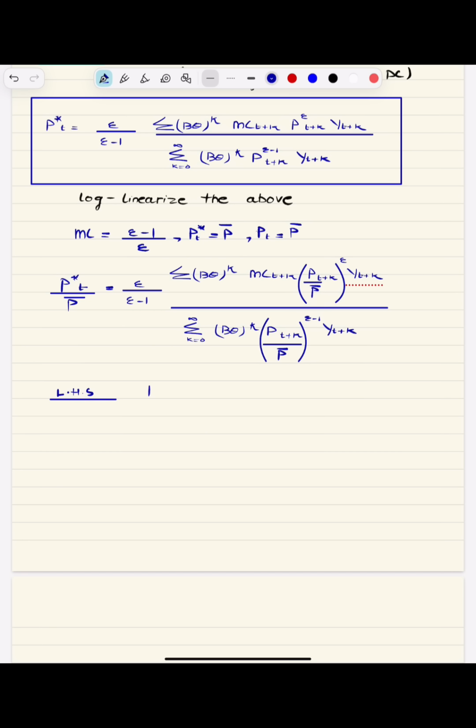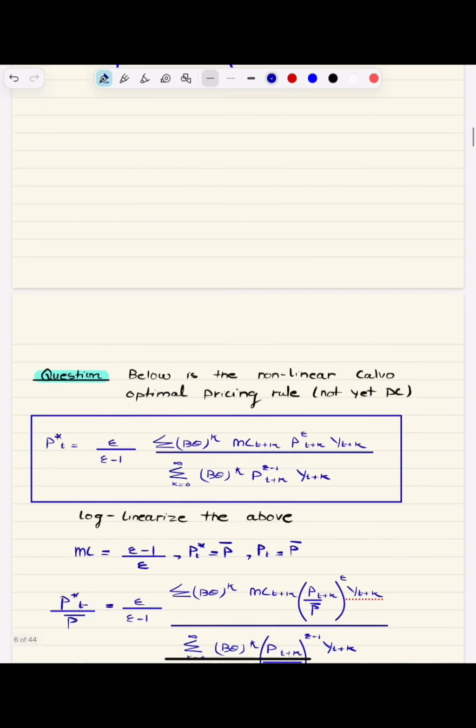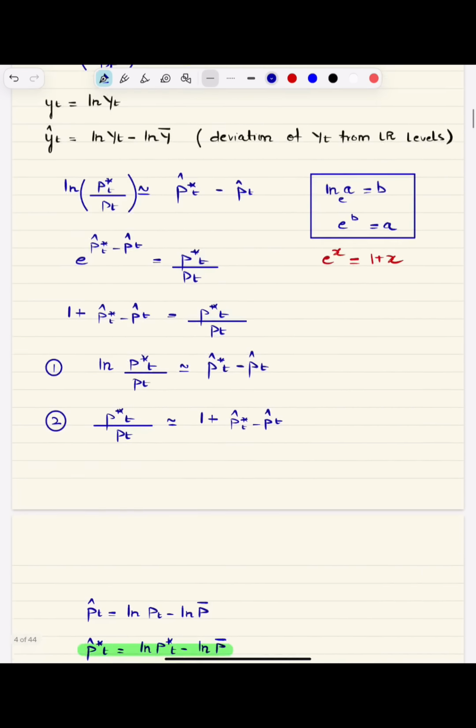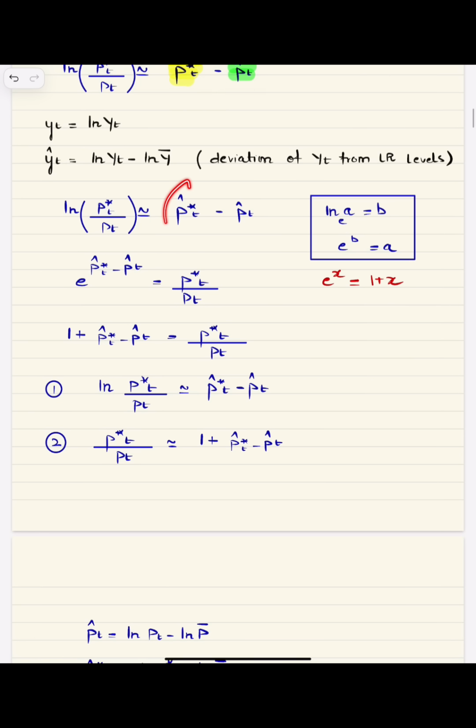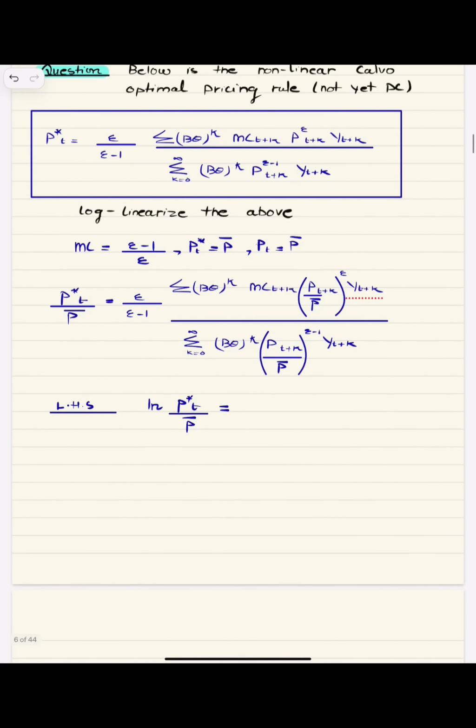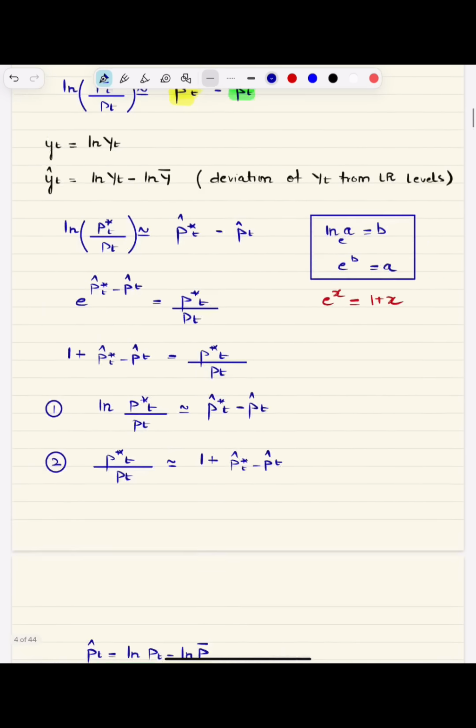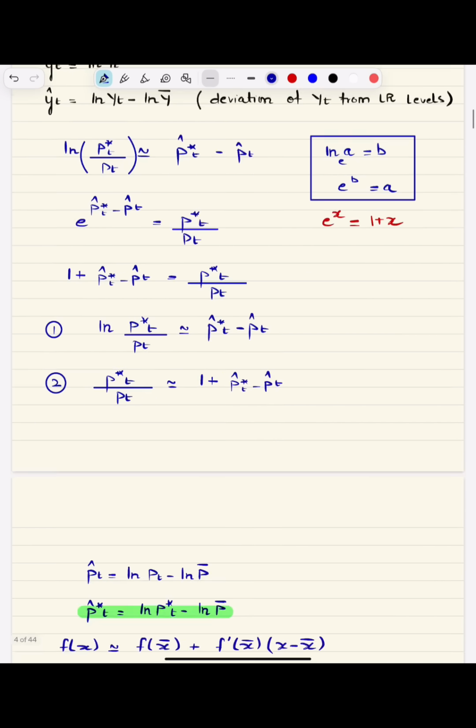So if I put the logs on the left hand side, we just found out that this is equal to, what was it, this. Okay, so let's write it. It's just a p star hat t minus a p bar.